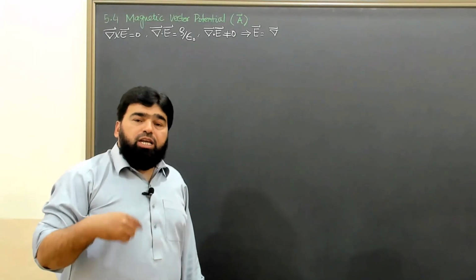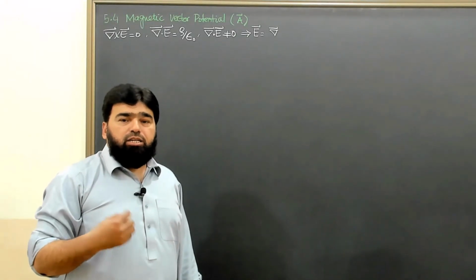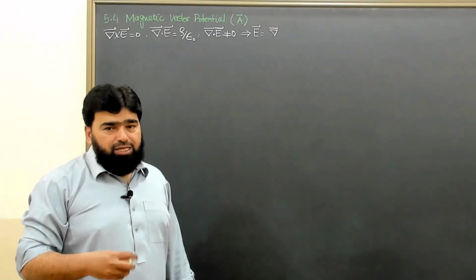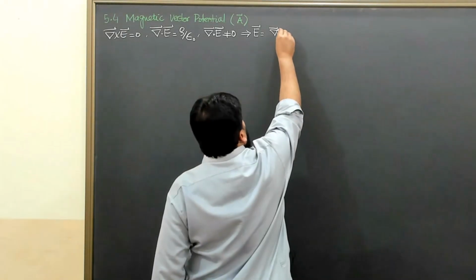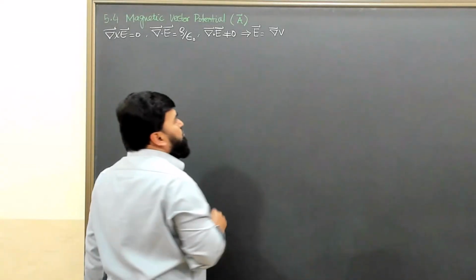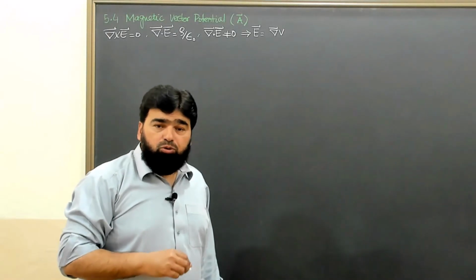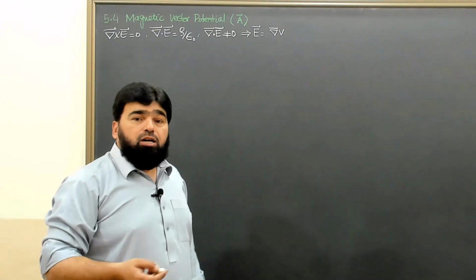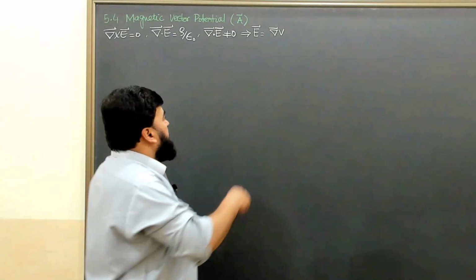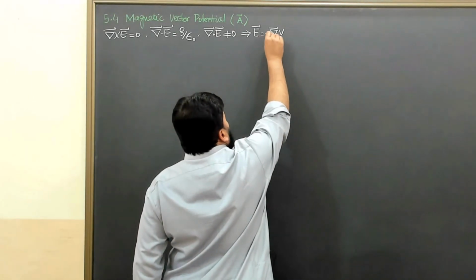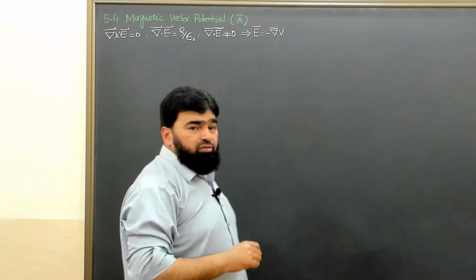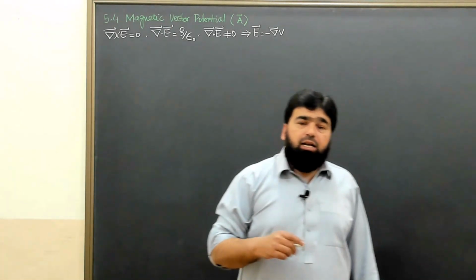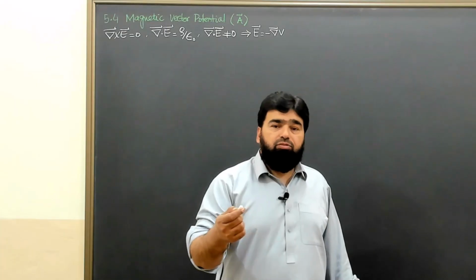Now, when we take a gradient, we can't take the gradient of a vector, but of a scalar. So this is the gradient of V, being the electric potential, the scalar counterpart of the electric field, and the minus sign is placed there due to the reference, because we are considering the work done by the field to be positive.